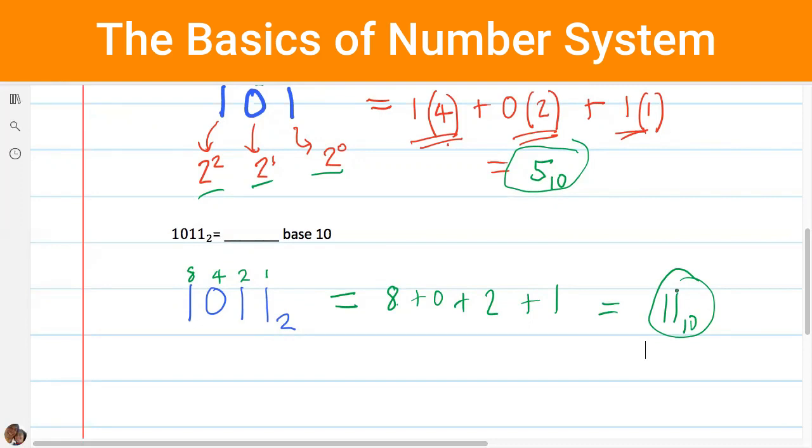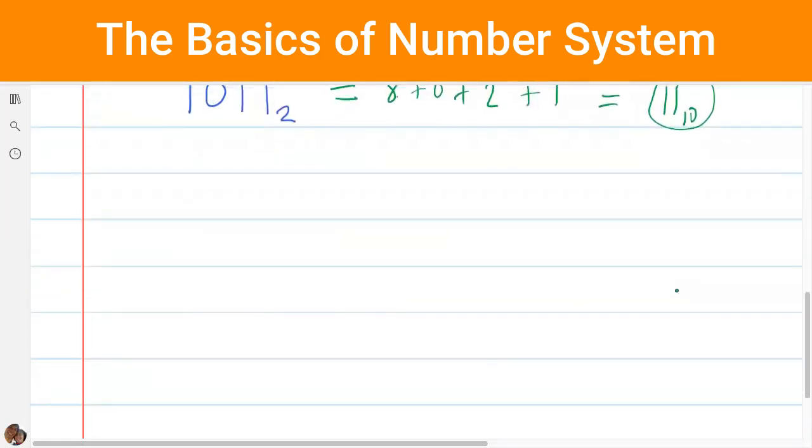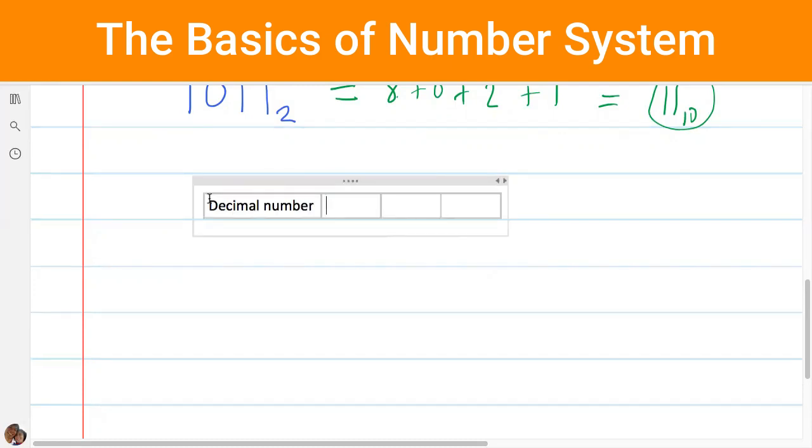Okay. Now, let's have a comparison here. I have here a 4-digit binary number. Let's say this is my decimal number, and opposite it is my binary number.